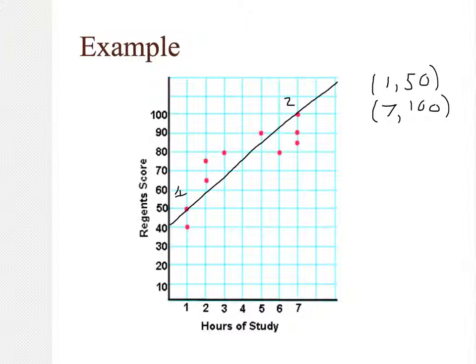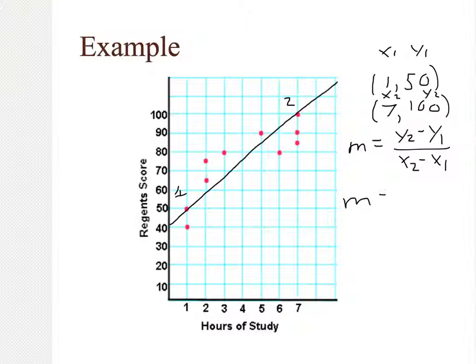So now we have 2 points. If we're going to write the equation of a line, we're going to have to find our x1, y1, x2, y2, and then find our slope. Remembering, slope is equal to y2 minus y1 over x2 minus x1.